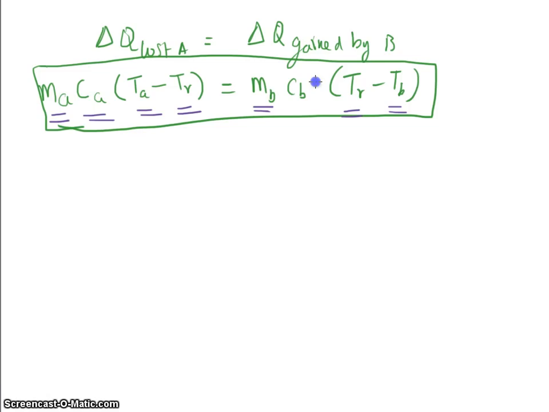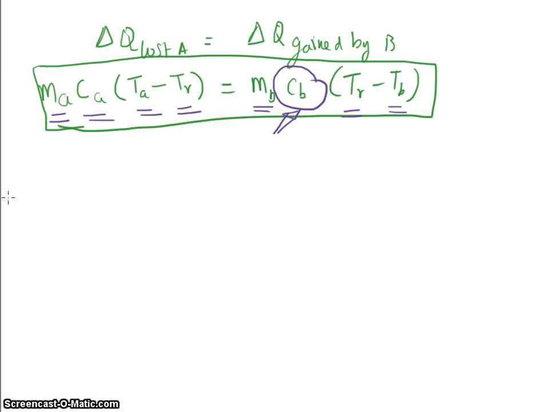So if you know all these, then you can find Cb. So if you know the specific heat capacity of one of the substances, then you can use that to find the specific heat capacity of an unknown substance. That's how you use the principle of calorimetry to find the specific heat capacity.